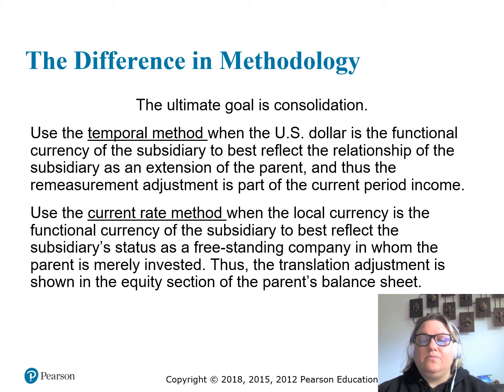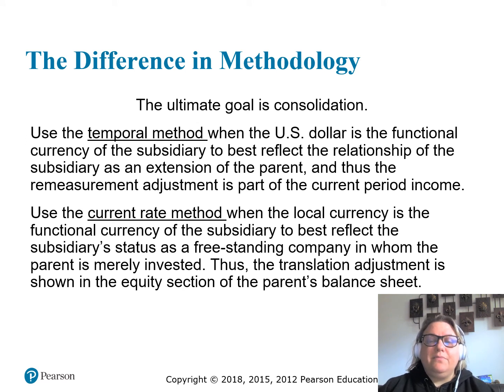So a lot of this is where we're consolidating and taking it in the income. Under the current rate method, the local currency is the functional currency, not the US dollar, to best reflect the subsidiary status as a freestanding company in which the parent is merely invested. Thus, the translation is shown in the equity section.